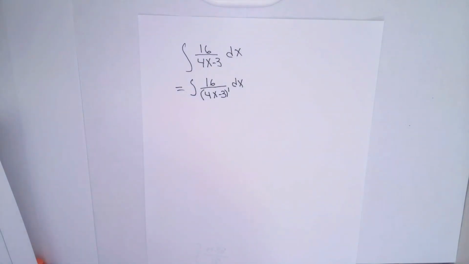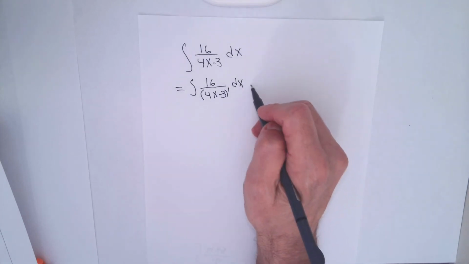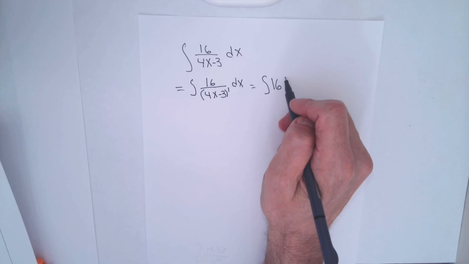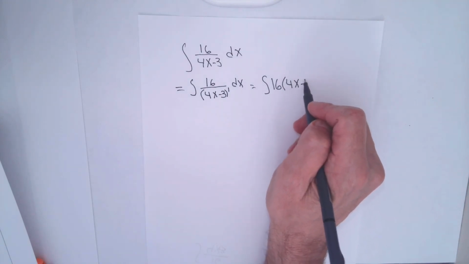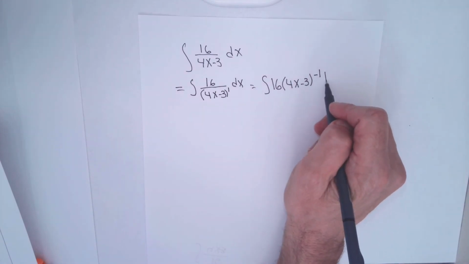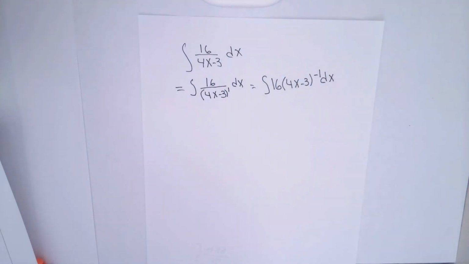A little more complicated here because the denominator is a little more complicated, but not so bad. So I can rewrite this problem with a negative exponent. If I have fractions that I can't clear because it has a binomial or even more than a binomial in the denominator, then I'm going to take the whole denominator, bring it up to the numerator by encapsulating it in a parentheses and making the exponent negative.